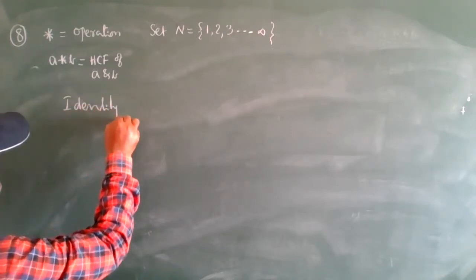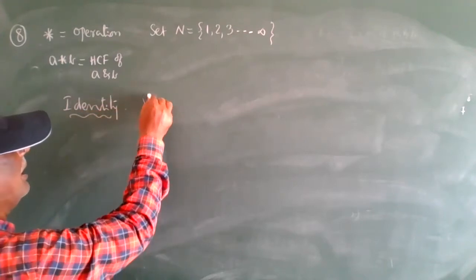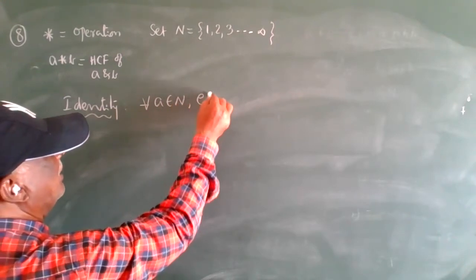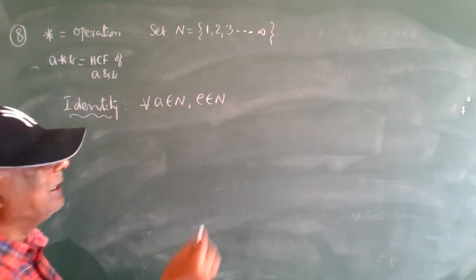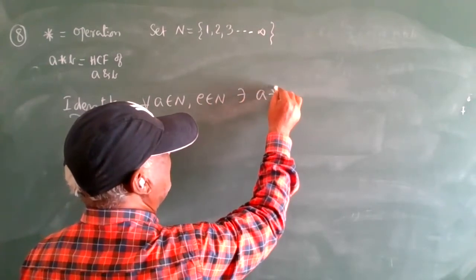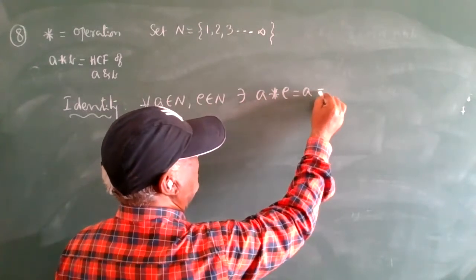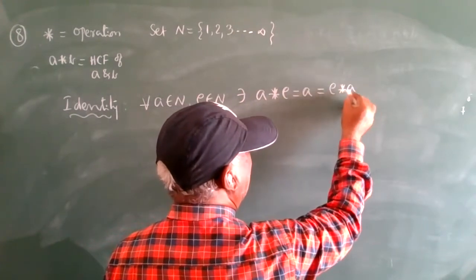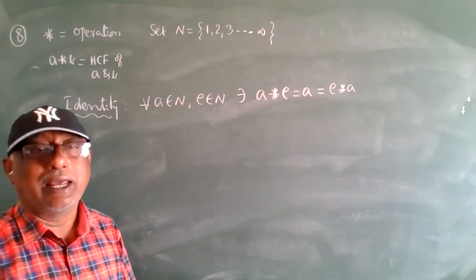What is the identity? For all A belongs to natural numbers, E belongs to natural numbers, E is the symbol of identity, such that A star E is equal to A, or E star A is also A. So that is called E is the identity element.